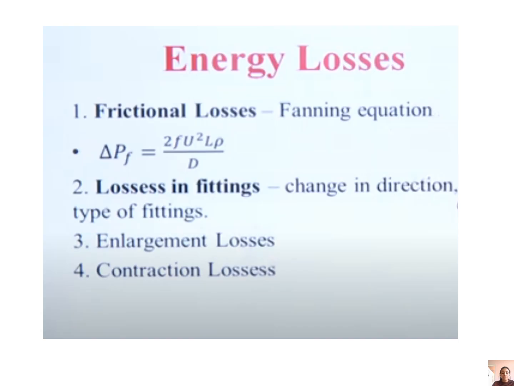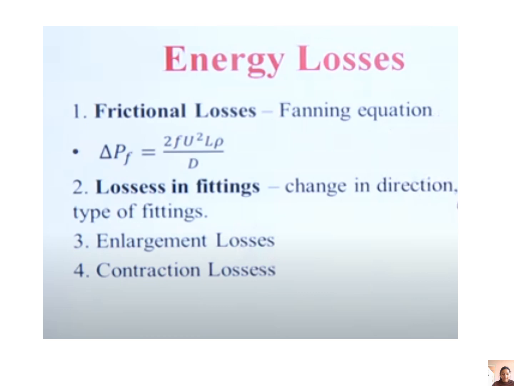That means during flow of fluid in a pipe, some friction is applied on the fluid by the wall of the pipe and it opposes the flow, and during this some energy is lost. The second is enlargement losses, in which when we increase the pipe size, there is a change of velocity. Due to this, energy loss occurs.